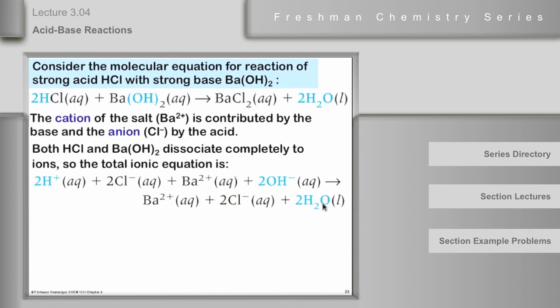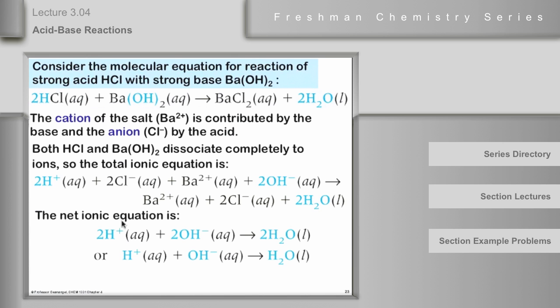So this qualifies as an ionic reaction, and in this particular case, the two ions go to form the neutral compound water. So that's where the ions go. And if we were to ask what are the spectator ions, the answer would have to be the barium and the chloride.